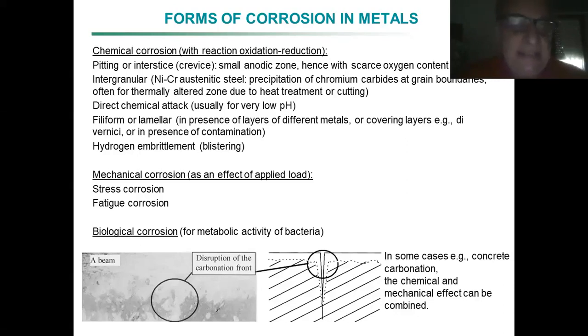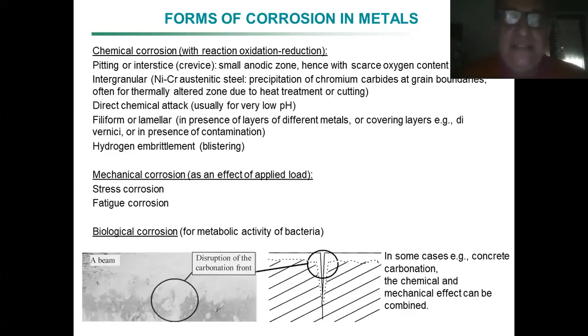Austenitic steel in particular has got chrome and nickel. Nickel allows the austenitic steel to be more ductile than the ferritic steel.